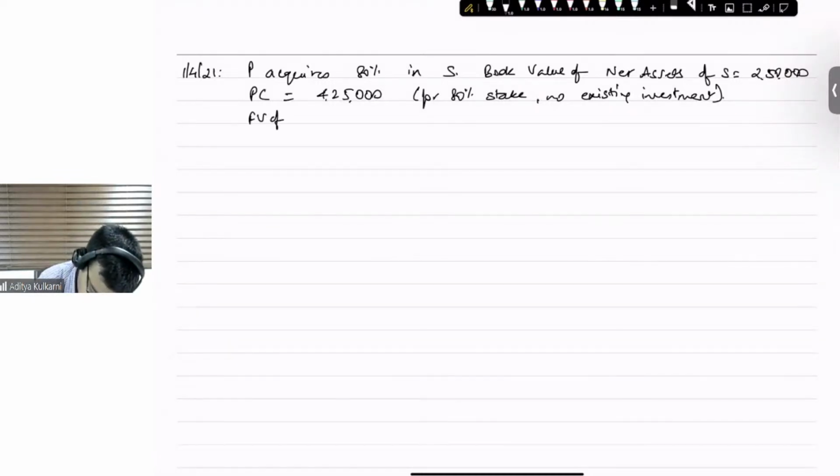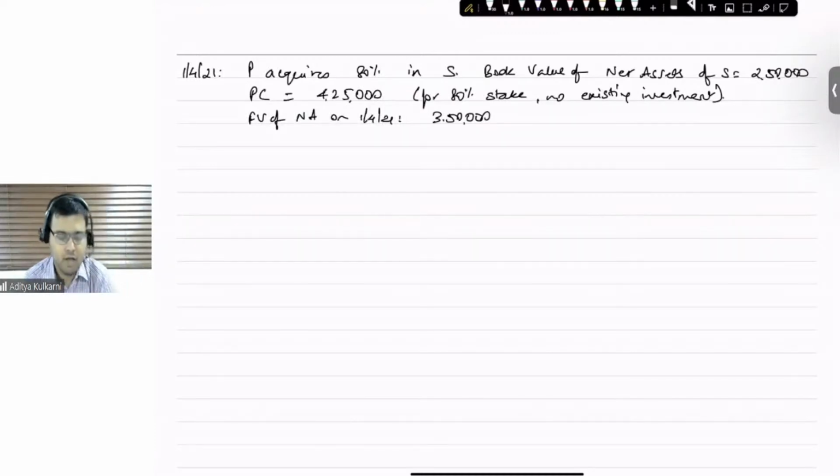Fair value of net assets on 1/4/21. This is subsidiary's net assets. Okay, so this is 350,000. Okay. So now the question is, is this a business combination? Obviously it is. P has acquired 80% stake. In absence of information, we take that control is transferred. So control is there. So all these things are there. So we follow the 6-step model. The 6-step model tells us that step number 1, identify the acquirer.